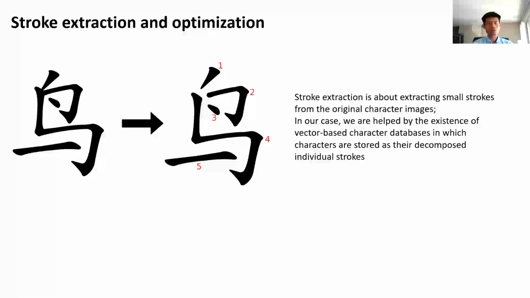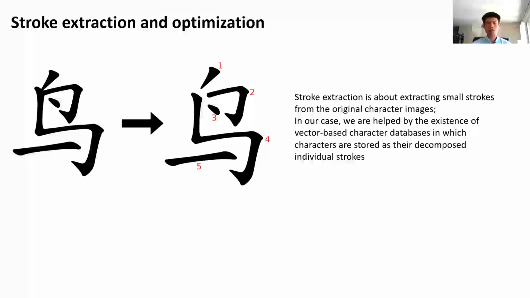Also, to make the optimization run more efficiently, we extract the individual strokes from the original character image. Stroke extraction is about extracting the small strokes from the original character images. There are many algorithms proposed from the image processing aspect. However, most of them are complicated and require a lot of calculation cost.